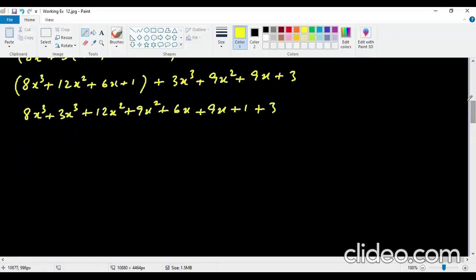Now let's see what it gives us. 8 plus 3 is going to give us an 11x cube, and 12x square and 9x square is going to give us a 21x square. Now 6 and 9 is going to give us a 15x, and 3 plus 1 is going to give us a 4. This is going to be your final answer for this question, and that's how the exercise is going to end.